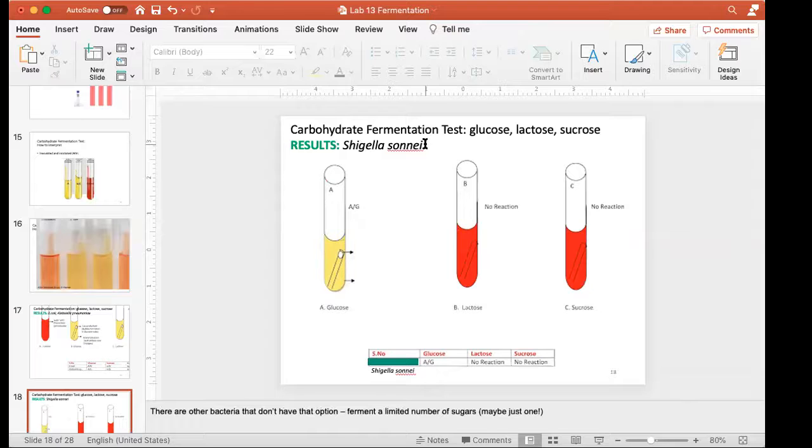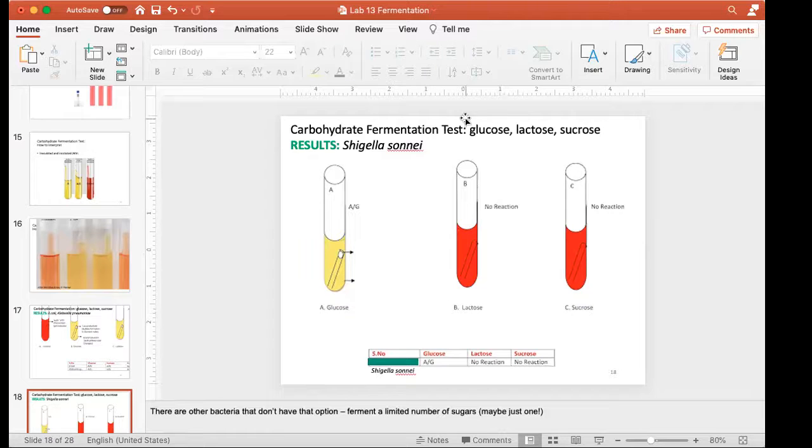It doesn't have the enzyme that's necessary to break lactose down into the two sugars that are in lactose, glucose and galactose. That's all lactose is. Two simple sugars, glucose and galactose, that have covalently bonded together. And remember, lactose is found in milk. This is what we call milk sugar.